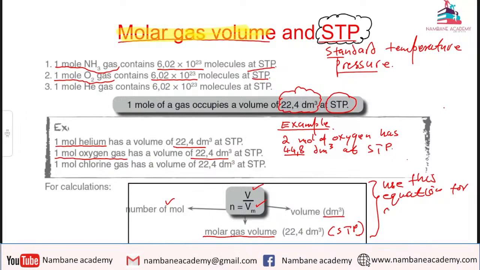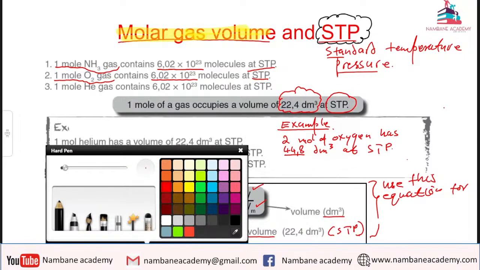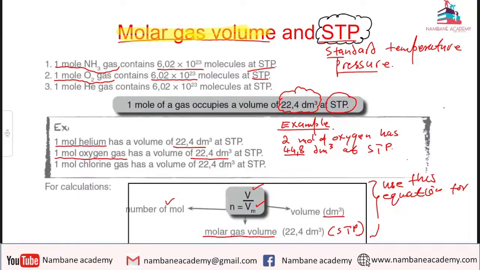If it is not a gas, then we cannot work with this equation. Hence, the emphasis should be that we are working with a gas, for gases only.